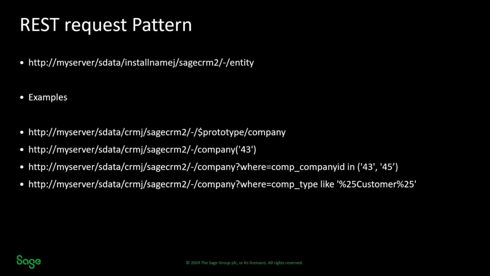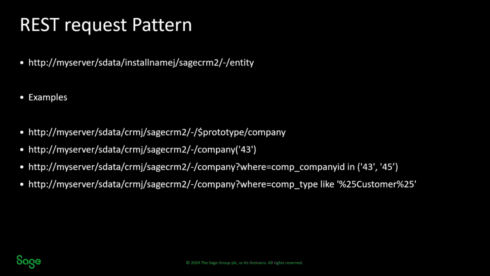Now, if we want to go down and explore the prototype of an individual structure, an individual resource, then we can do that by saying $prototype/ and then the resource that we're interested in. That will itemize all of the columns. If we know the columns that are available to us, and we know the types of information that is available to us, whether these are Booleans or strings or numbers, we can then start to request things.